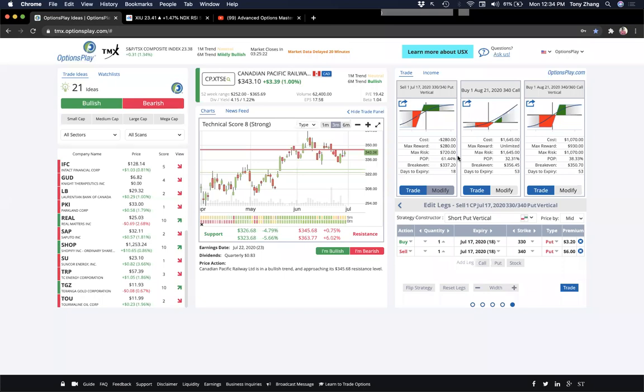So here is a prime example where many times you might do all this analysis and then realize that the options just do not suit your particular trade. And this is one of the challenges of trading options, because you could find a great security and then you might be better off trading the underlying stock.